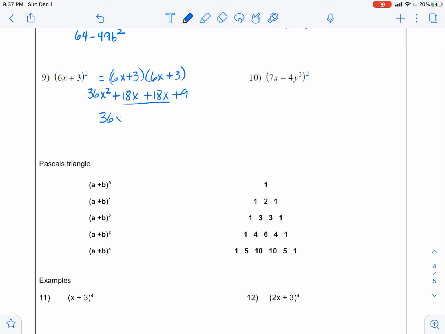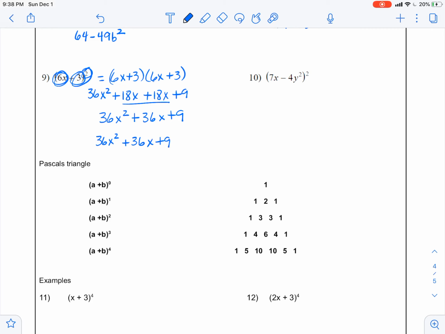That will always happen. In this case, 18 and 18 is also 36, plus 9. Okay? Again, let me show you how to do that. 6x squared would be 36x squared. 6x times 3 would be 18, times 2 would be 36x. And then square the 3 and you get your 9.